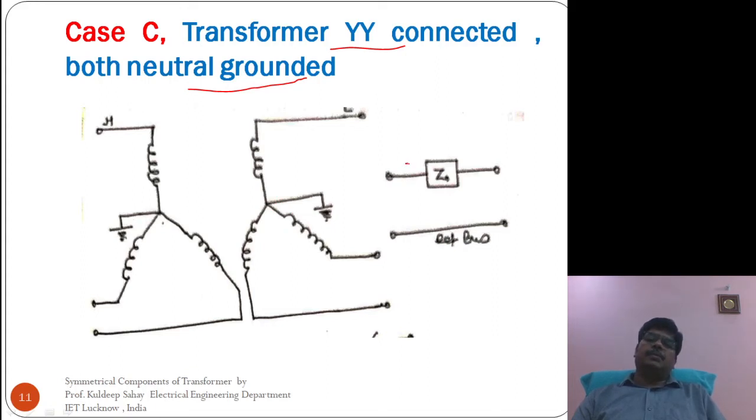So here the switch has been closed, here the switch has been closed. Again there is no delta on both sides, so both the shunt switches have been left open. So this is the representation of the zero sequence network for a star star transformer with both the neutrals grounded.